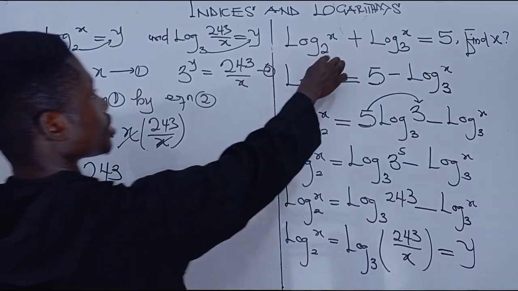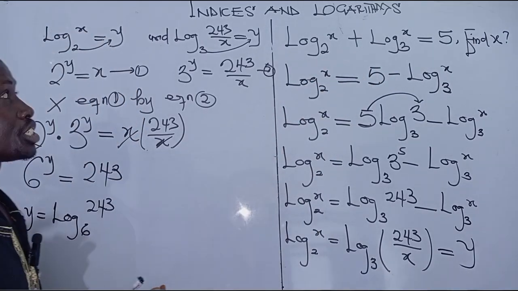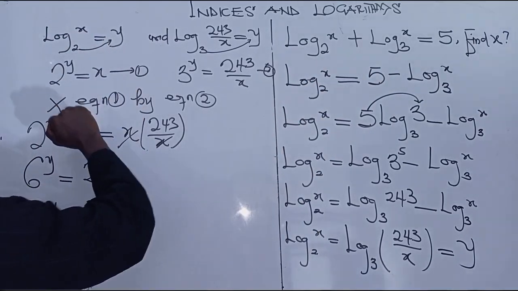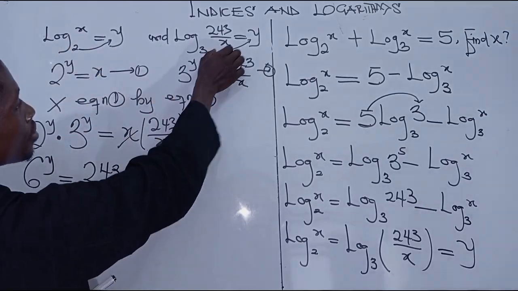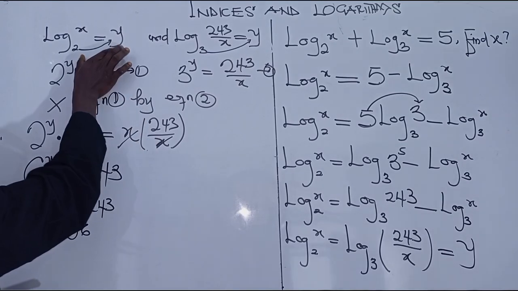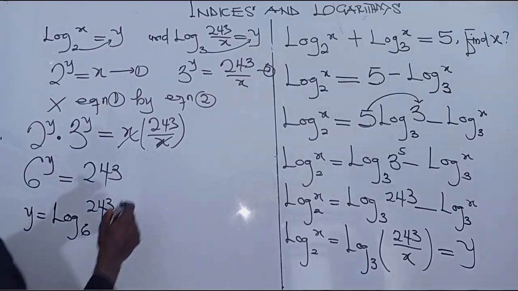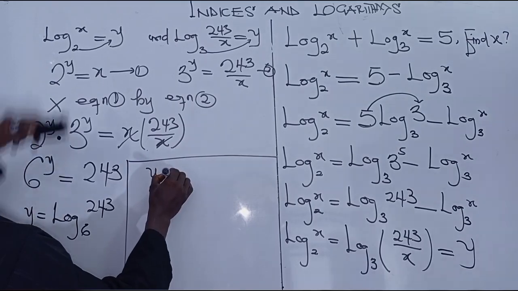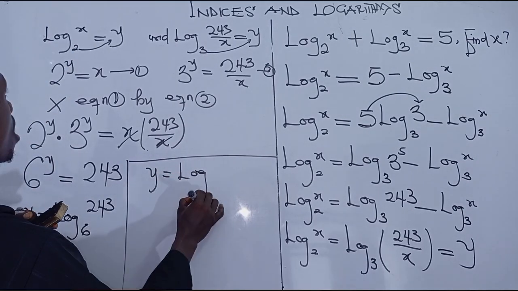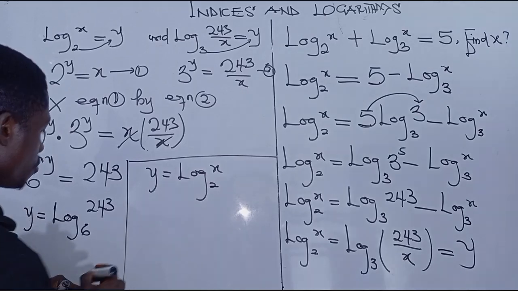Within the question, we don't have the variable y. We introduced the variable y, and we said that we are letting y is equal to this logarithm. So let's pick this one, which says that y is equal to log of x to the base of 2.